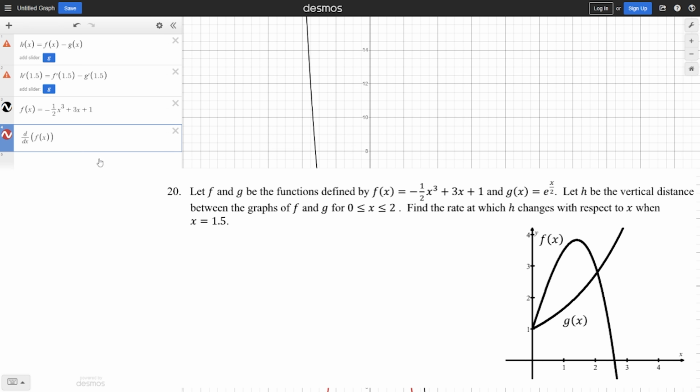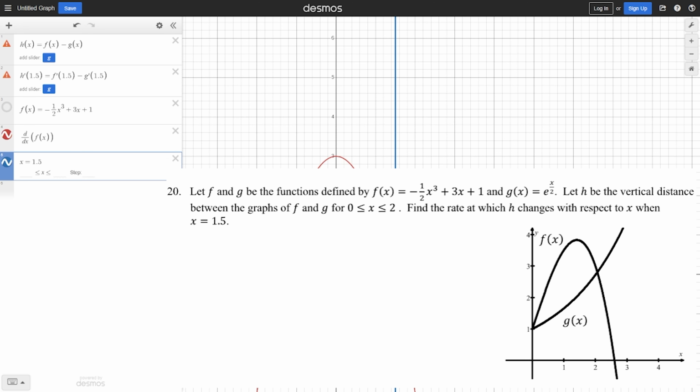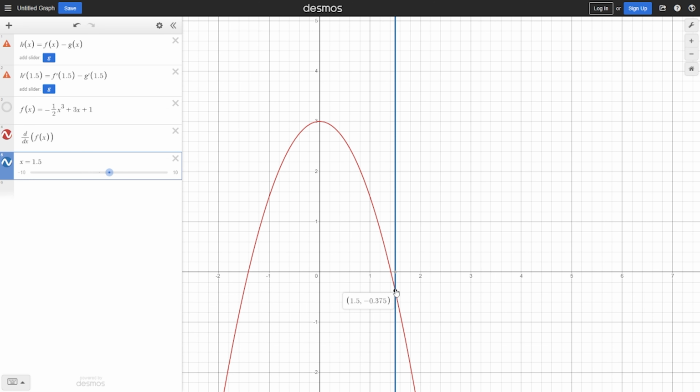This is our derivative of f of x. If you want to do this on your calculator, all you do is press math and then 8, and then you put this function, and then when x is equal to 1.5. There's just a few extra steps on Desmos, but it should be pretty much the same. Now we can see that f prime of 1.5 is negative 3.75. So I'm just going to put that in right here.